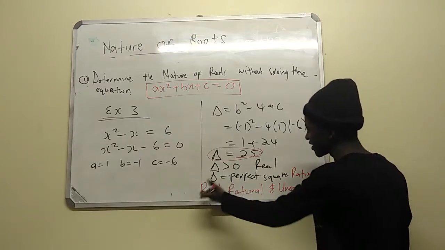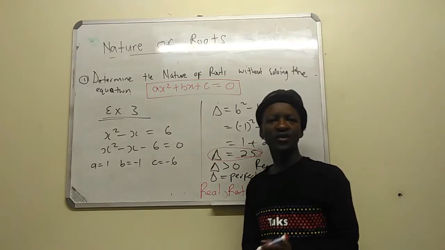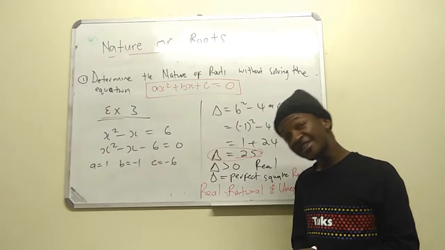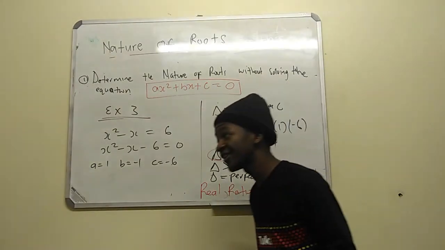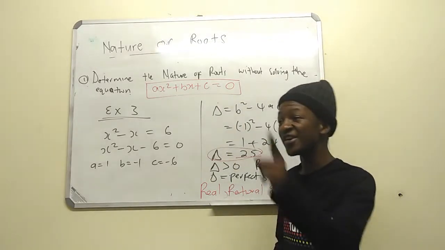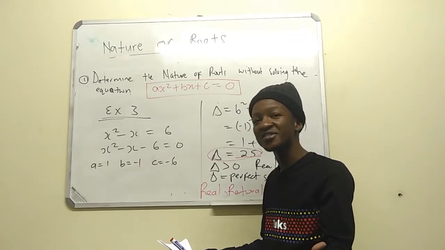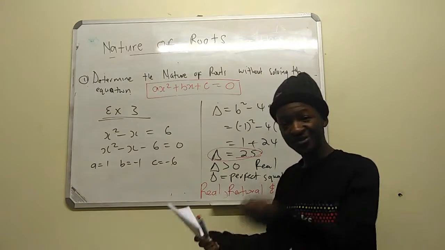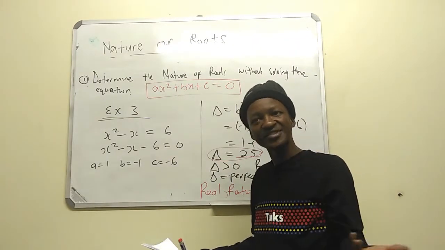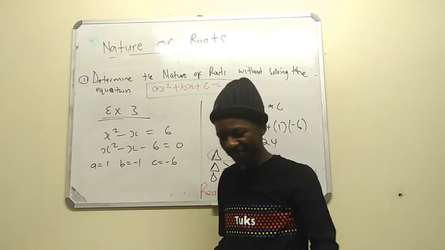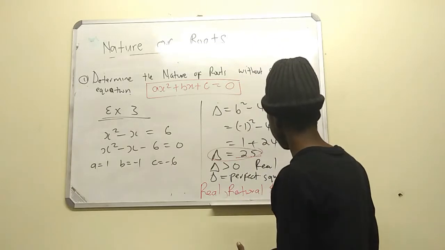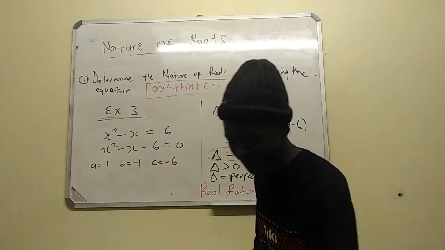So these roots are real, rational, and unequal roots. When you get real, it means you have to go further. If they are rational or irrational, they are all unequal roots. But if your delta is equal to 0, they are just equal roots, meaning the same root.